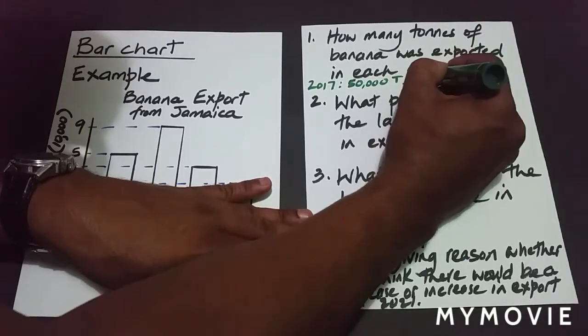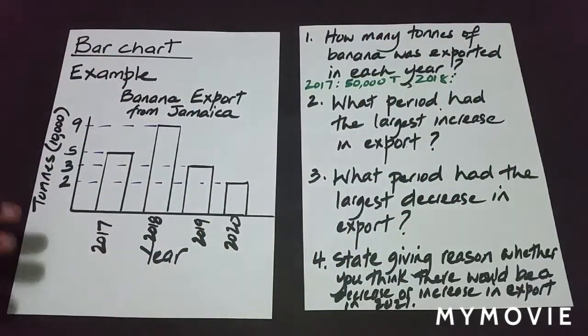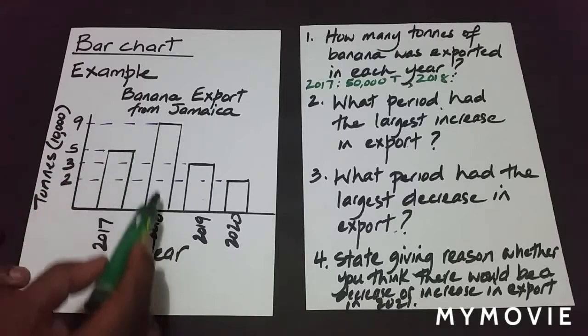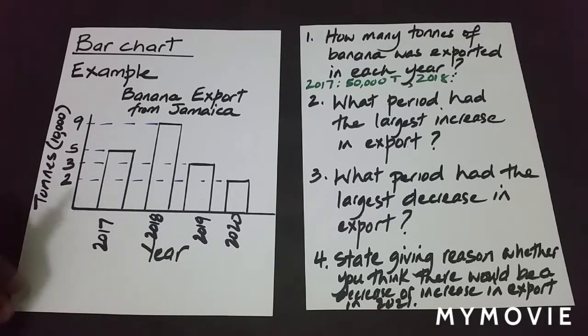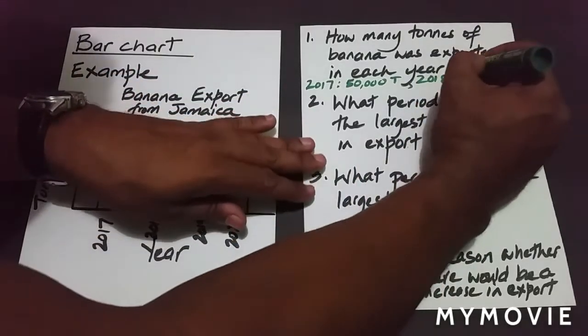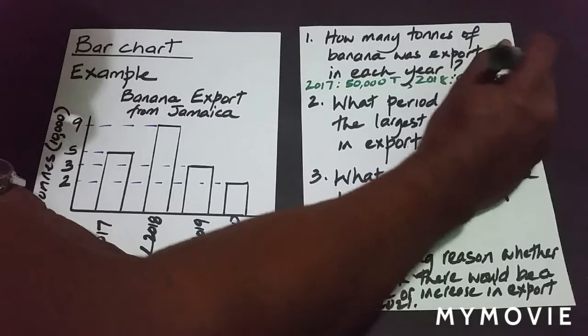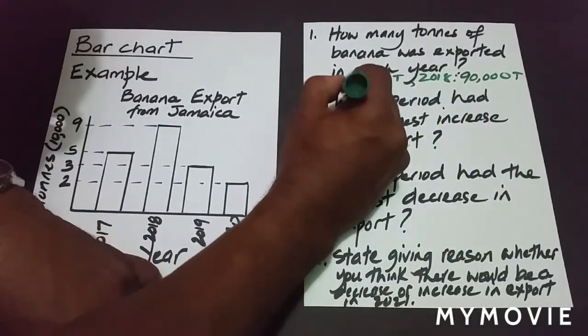In 2018, let's look at 2018 closely and try to interpret how many tons of banana were exported from Jamaica. So we have 9 times 10,000, that would be 90,000 tons of banana exported in 2018. Let's go to 2019 now.